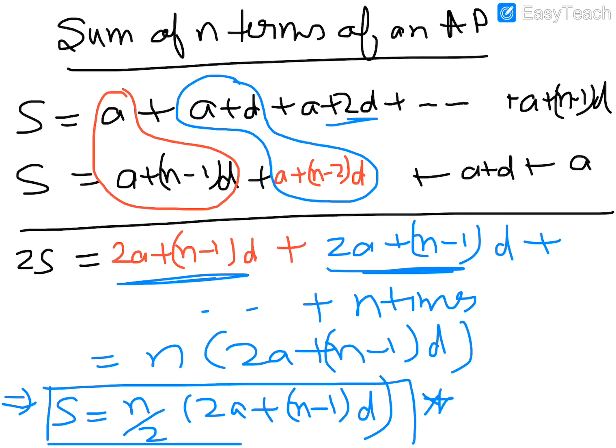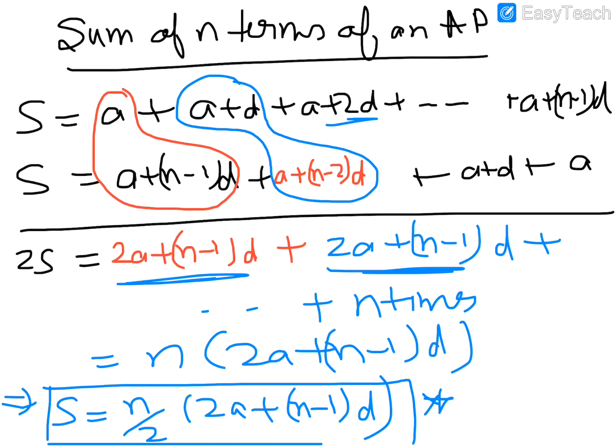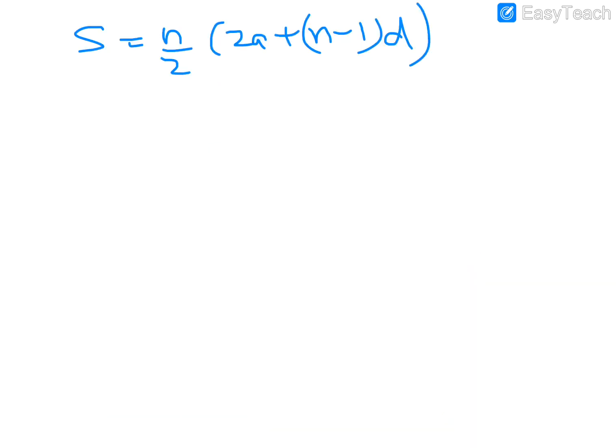One more result we can deduce from this: we know S is equal to n by 2 into (2a plus (n minus 1)d). Okay, now can I write this as n by 2 into (a plus (a plus (n minus 1)d))?